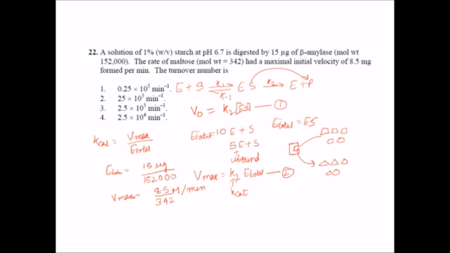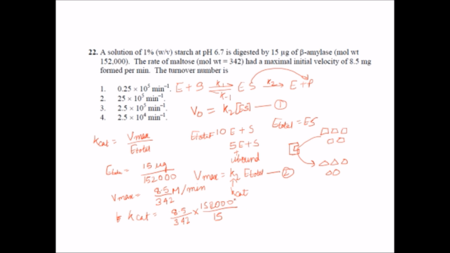So Vmax is the number of substrates converted into product with the help of an enzyme having a single active site. From the formula Kcat equals Vmax by E total, replacing the values, Kcat will be equal to Vmax, which is 8.5 by 342, into 152,000 divided by 15.